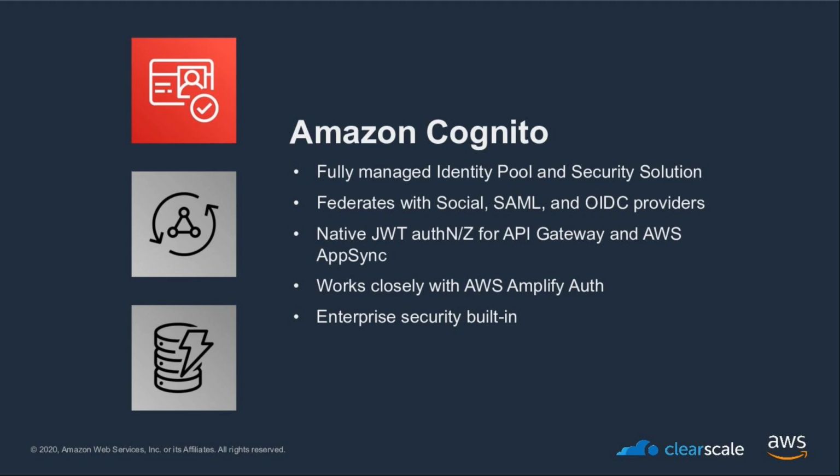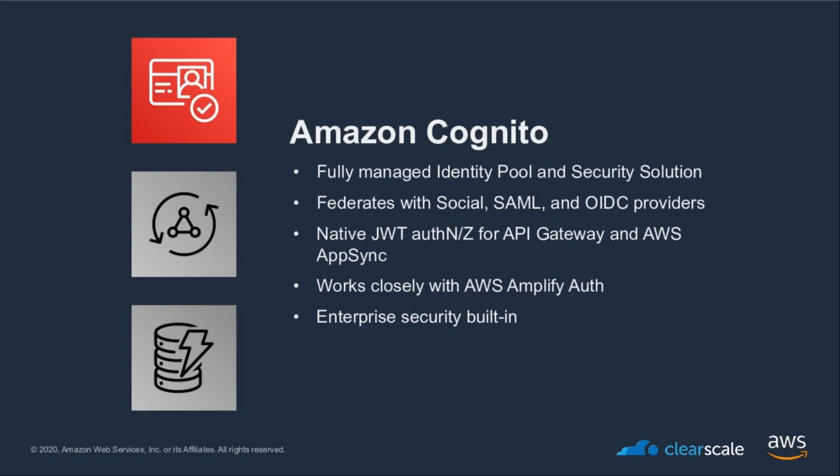The first of which is Amazon Cognito. That's our fully managed identity pool and security solution. It's built on top of Identity and Access Management, which is a core security service that is integrated into all of the AWS services.